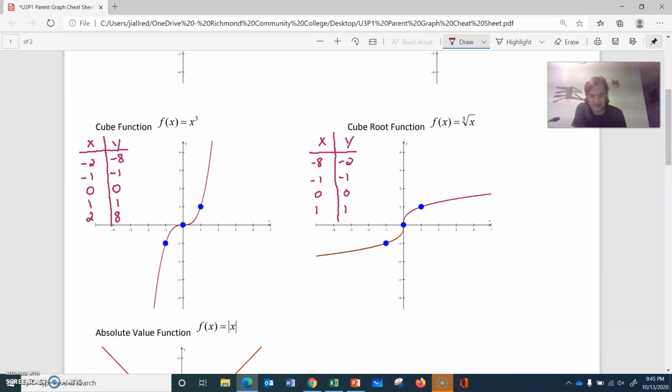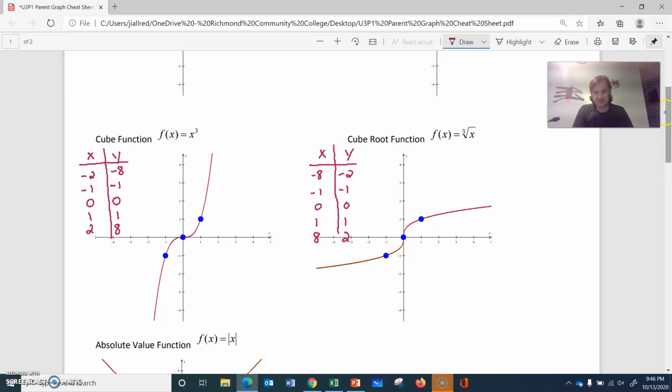Cube root of 1 is 1. And cube root of 8 is 2. Now the cube root does not have that domain restriction like the square root, because 3 negatives can give you a negative where 2 negatives give you a positive. So there is a domain limitation on the square root of x that we saw, but not on the cube root of x.